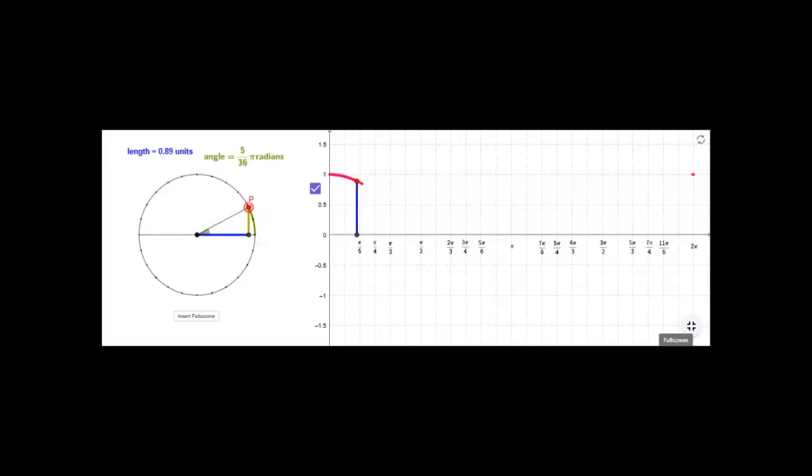Then that horizontal displacement gets less and less because I'm getting to pi halves where my horizontal displacement is 0. We know in quadrant 2 of the unit circle, cosine is negative. So my cosine function values are negative here. In the third quadrant, they're also negative. And then when we get to the fourth quadrant, your cosine values become positive again, and then it just starts all over. Okay? You see how that works?